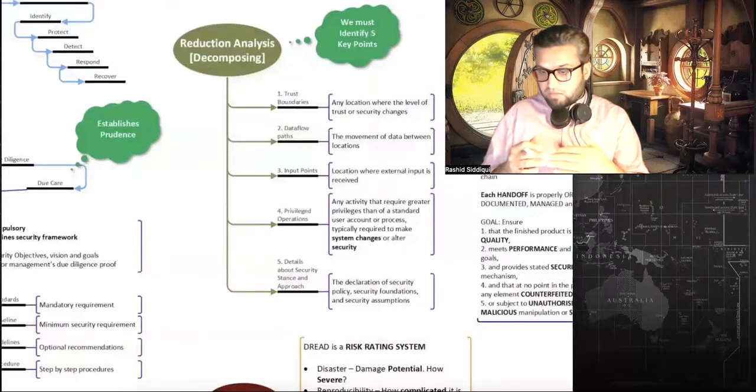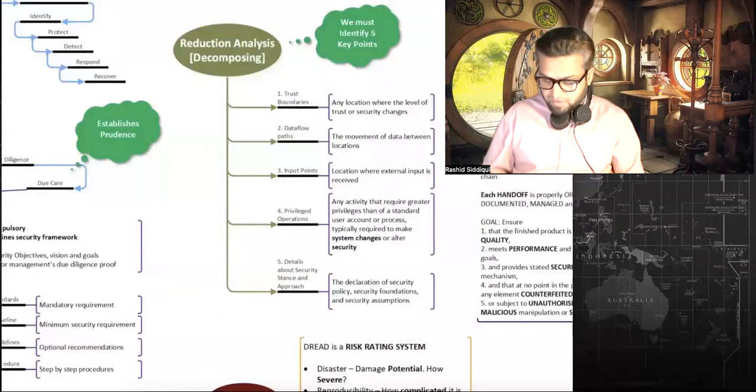Trust boundaries look more physical than data flow paths, which look more physical than input points, which could be anything. And then privileged operations are a more logical concept. Input points are a bit physical, but just think about how this whole hierarchy is evolving, right?